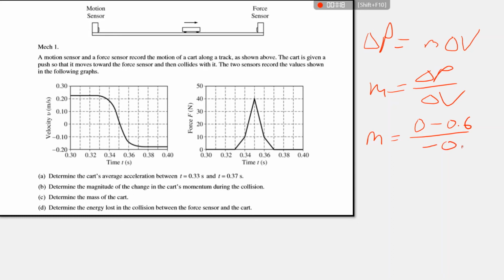So negative 0.4. Okay, so what's my mass? 6 divided by 10 divided by 4 divided by 10, 40, 60, divisible by 2? 3 over 2? Or in this case 1.5.